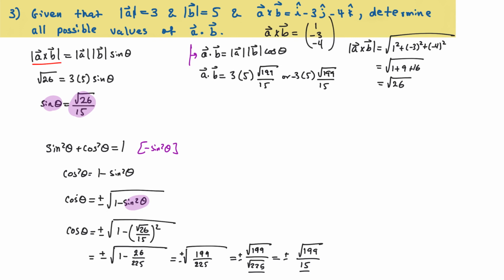Well, 3 times 5 is 15, times root 199 over 15, or negative 15 times root 199 over 15. The 15s cross out here, so my final answer is root 199 or negative root 199.